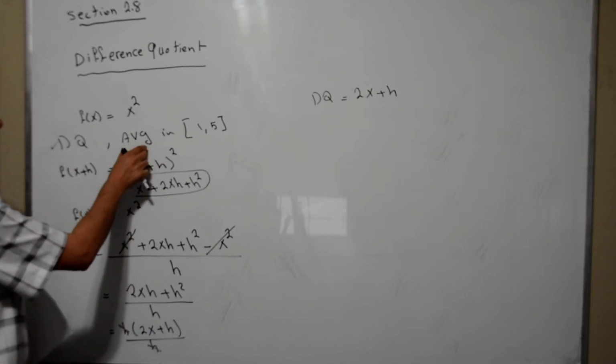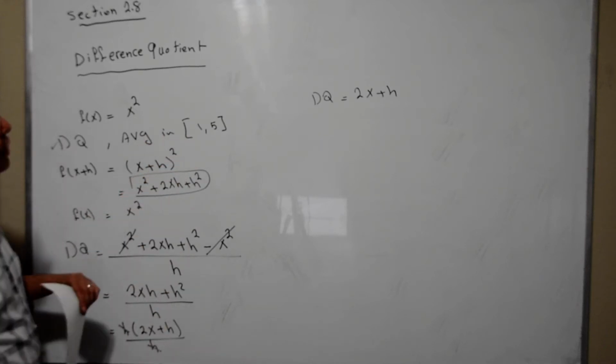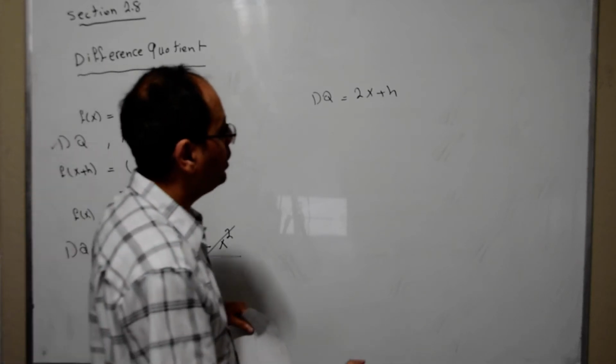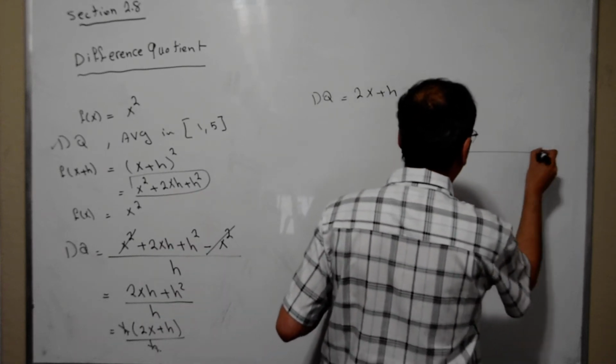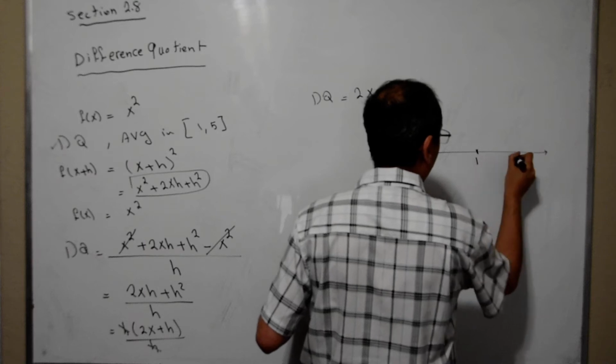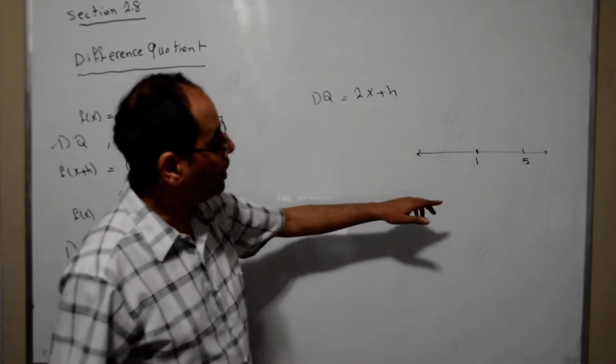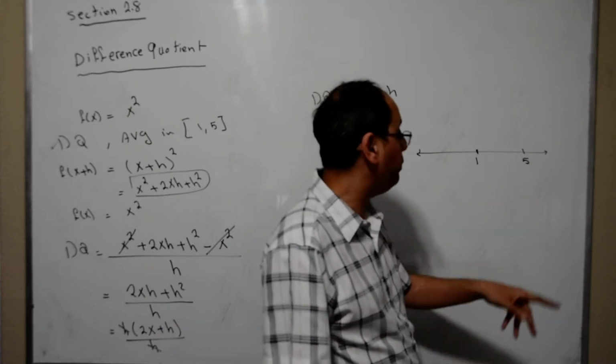Now I need to find the average rate of change over the interval 1 to 5. Okay, again, let me explain that. So I have 1 here, and here's 5. Can you tell me what is the distance between 1 and 5?